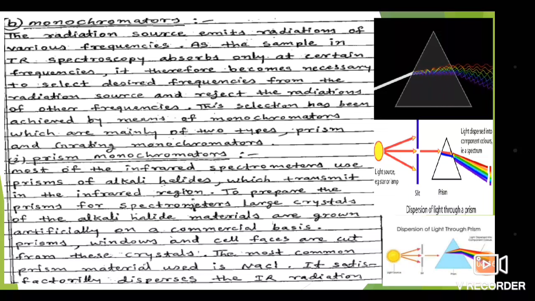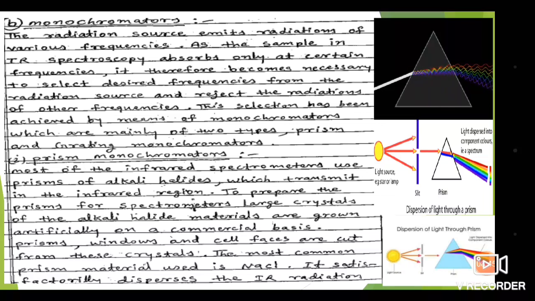So to prepare the prism for the spectrometers, large crystals of the alkali halide materials are grown artificially on a commercial basis.